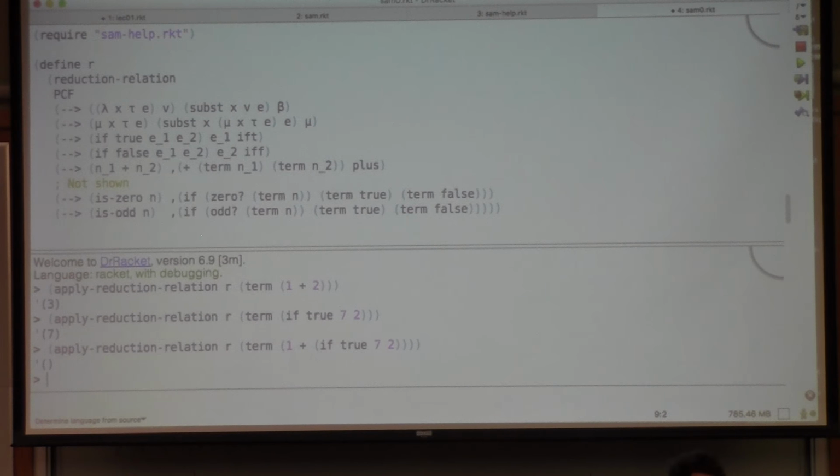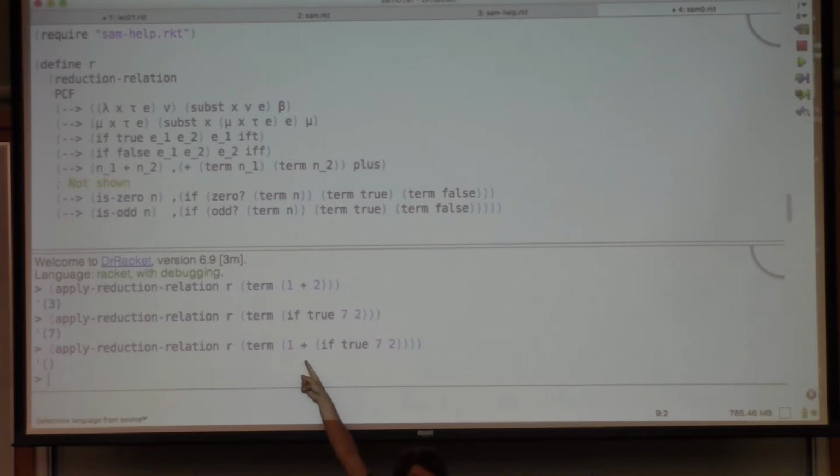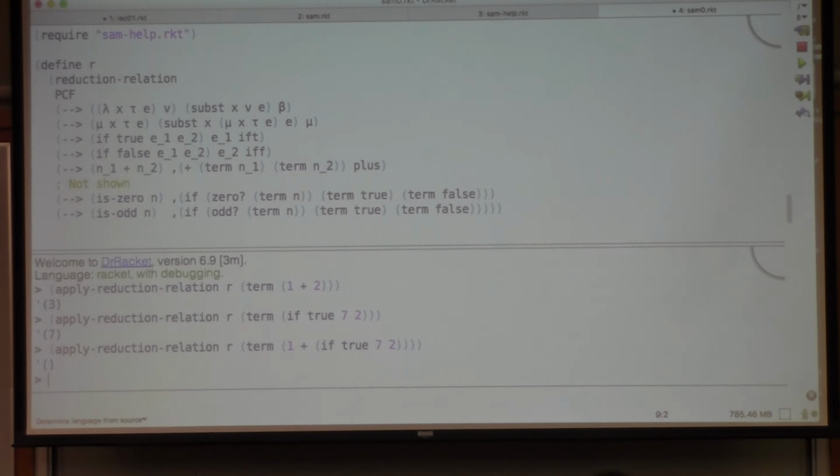So why doesn't it reduce to anything? Which is exactly right. It doesn't reduce to anything because we need to reduce in the context of the 1 plus here, but the R relation doesn't include that, so it's just stuck, right?